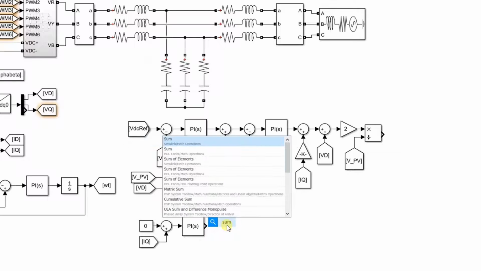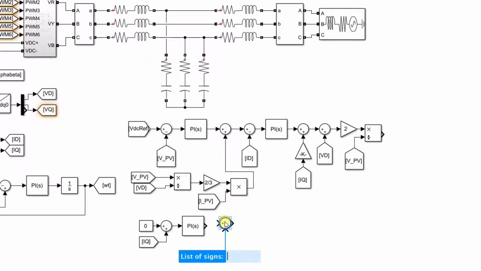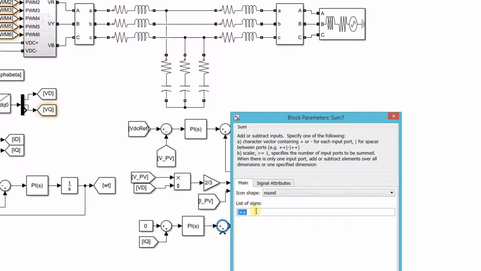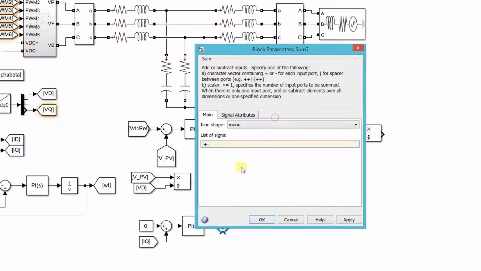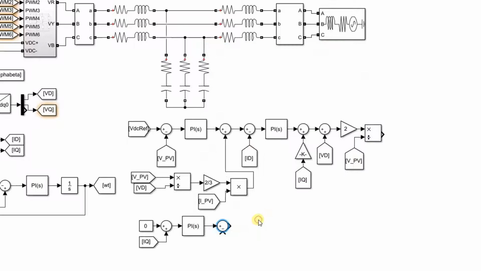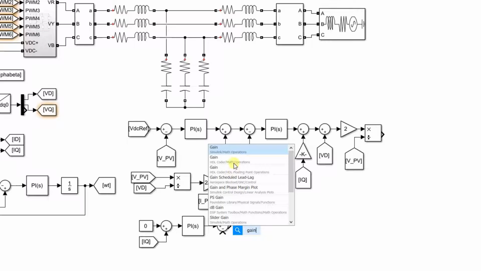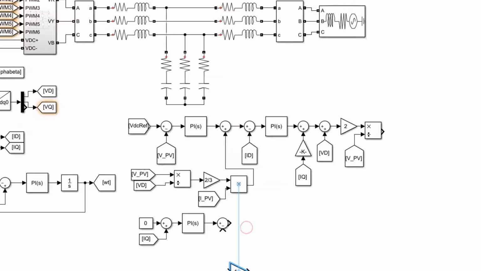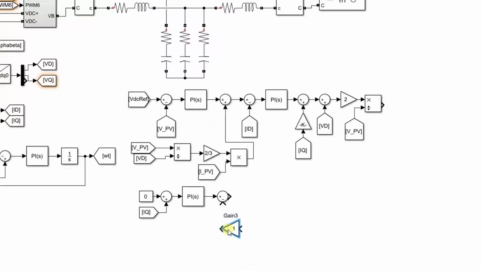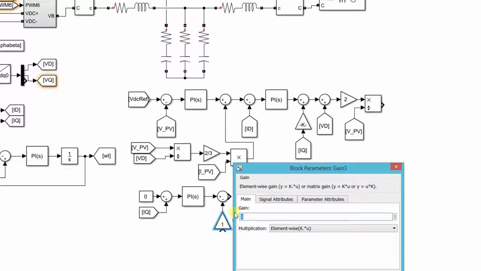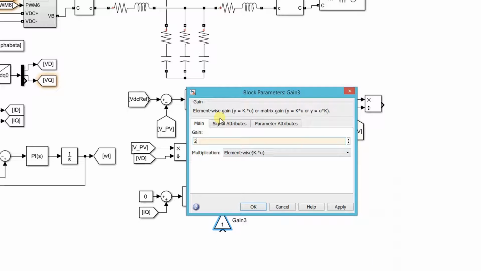Add another sum block. Change its sign to plus minus. Add a gain block. Give its value 2 into pi into 50 into 1000 e raised to minus 6.